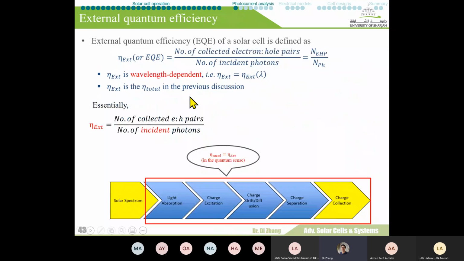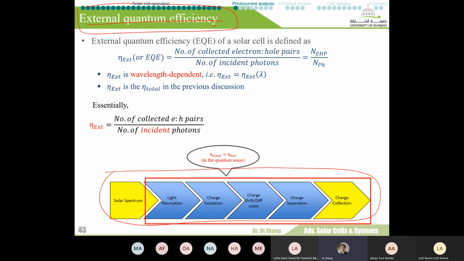Okay, so I think that's it for today. We're going to leave one concept to talk about next time. That is the external quantum efficiency. Just a very quick sentence before we wrap up. Since we talk about all these physical processes, we would like to have one parameter that represents the overall conversion efficiency, and that will be our external quantum efficiency.